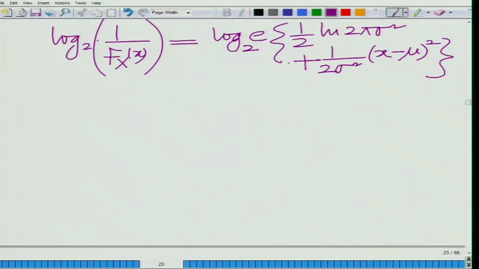I am now going to substitute this in the expression for the differential entropy to evaluate the differential entropy of the Gaussian source.